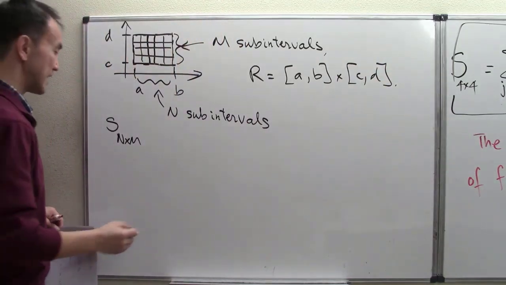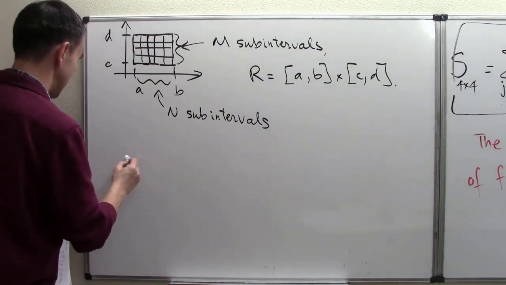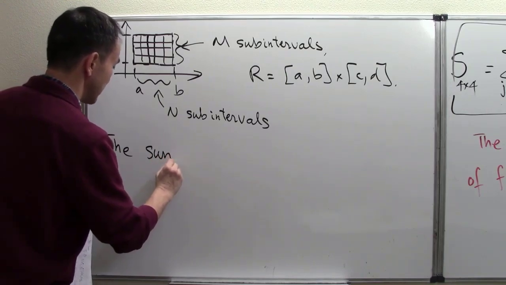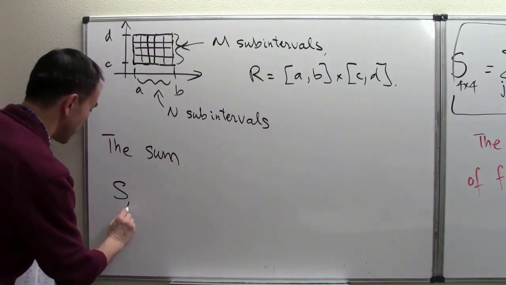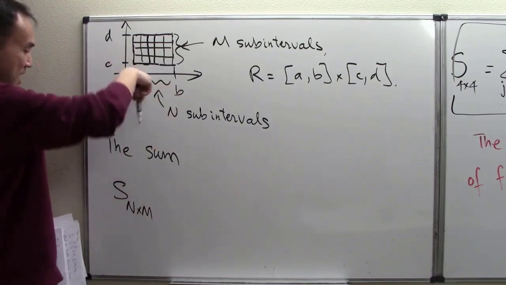So with a region like that, the double Riemann sum in a picture like that is the sum called S sub n by m, with n on the x-axis and m on the y-axis.